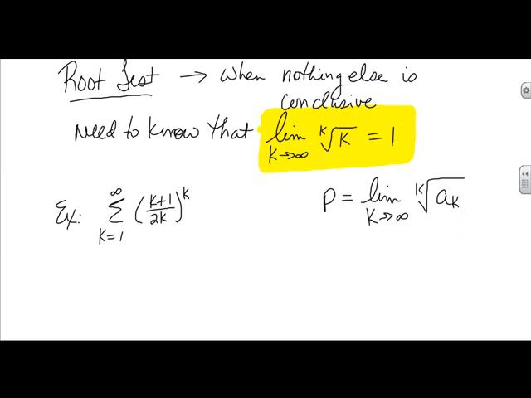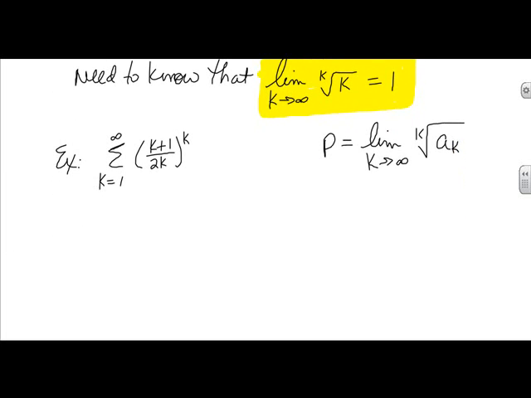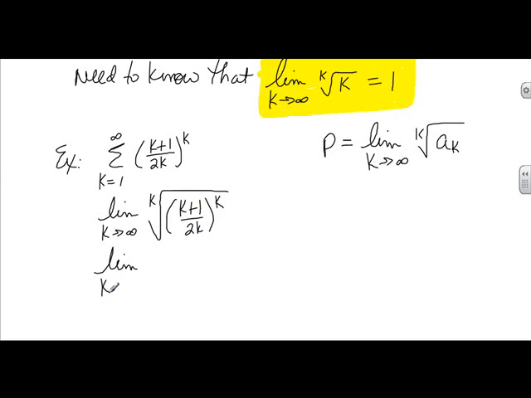So if we're going to use the root test on this example, then I'd work on the limit as k approaches infinity of the kth root of the quantity k plus 1 over 2k raised to the k power. Now when you've got a power like this, it makes a whole lot of sense to take that root, because it simplifies what you've got to deal with when you work the limit.